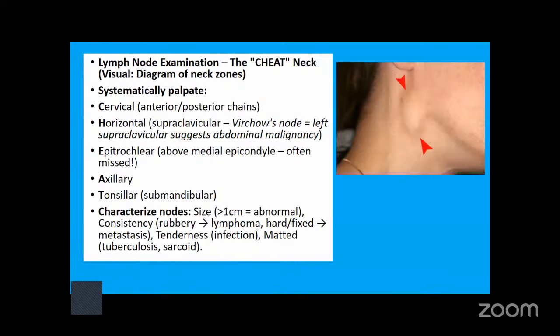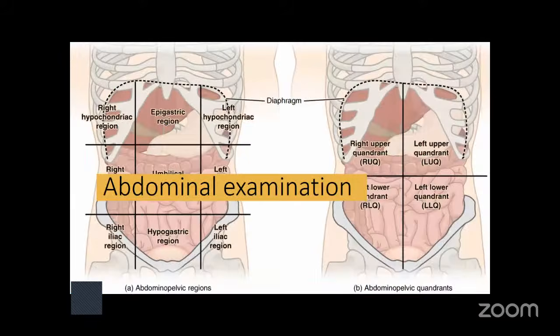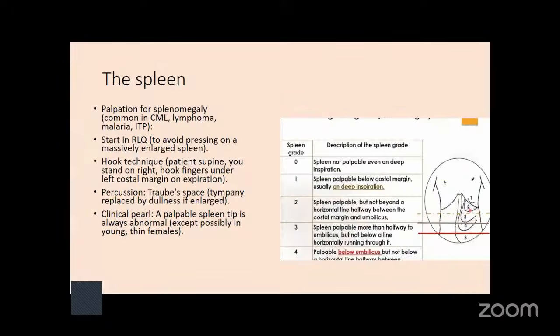And when there are multiple matted nodes, for instance in tuberculosis, then you have to do an abdominal examination in these patients because of splenomegaly or hepatomegaly. In the spleen, we have to assess for splenomegaly, and this is done by deep palpation from the right lower quadrant, progressively towards the left subcostal area.